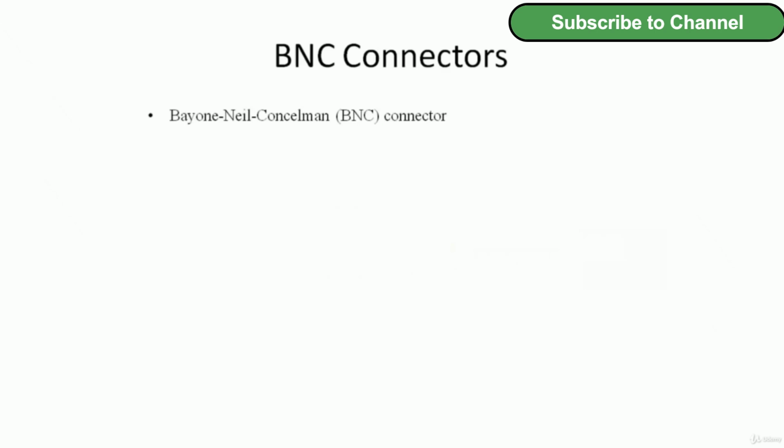Then some connectors used in these wires are called the BNC connector. The full form of BNC is Bayonet Neill-Concelman connector, as it is used in our laboratory. The CRO cable that is connected to the CRO, that connector is called the BNC connector.